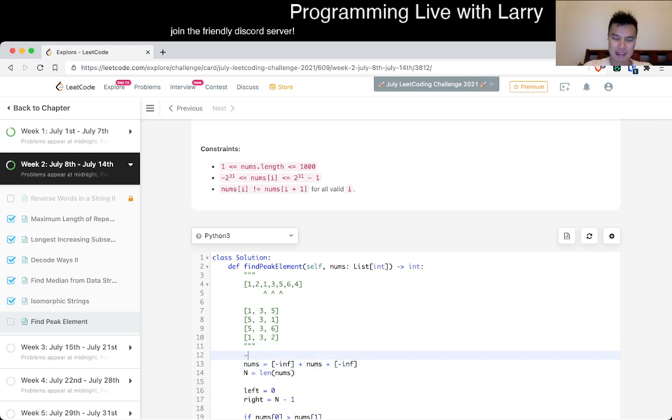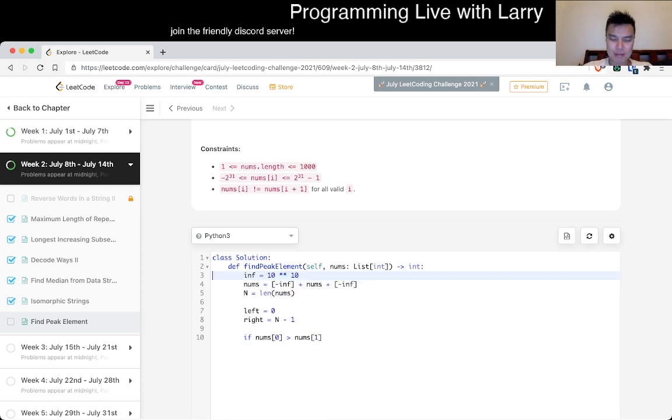You want your negative infinity to be a number that's smaller than this, or more negative than it. So this is going to be good enough. Then now I don't have to worry about this case anymore.